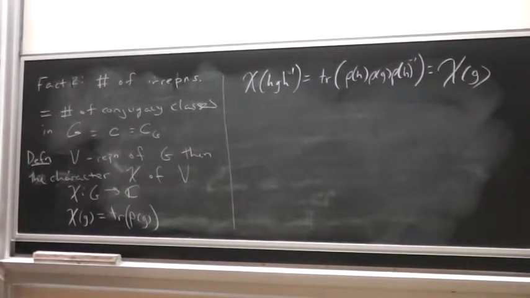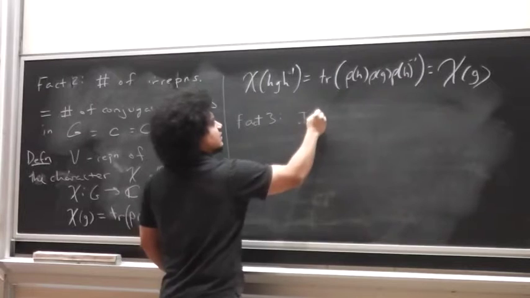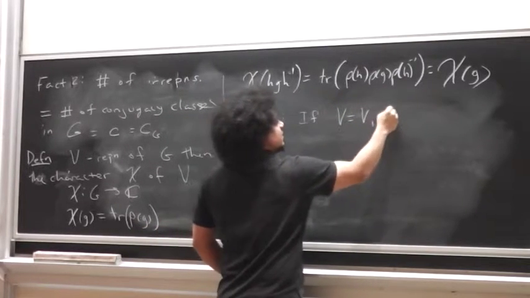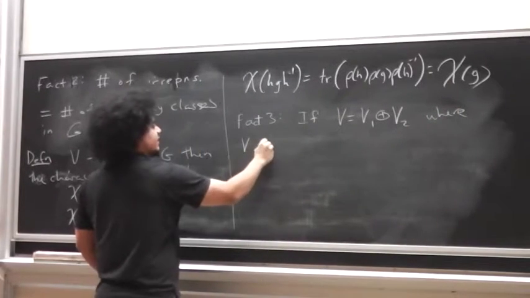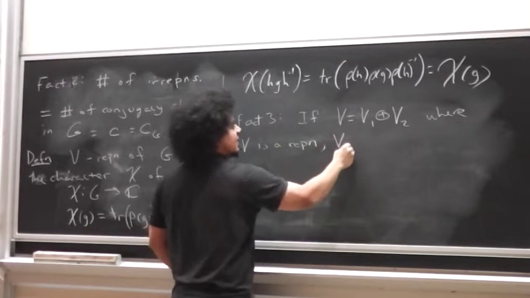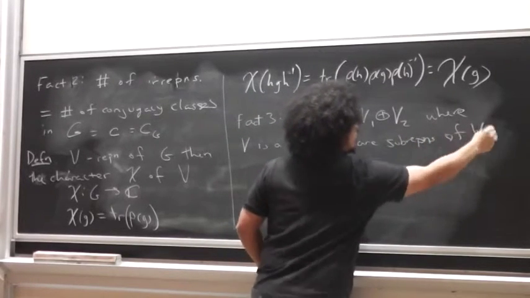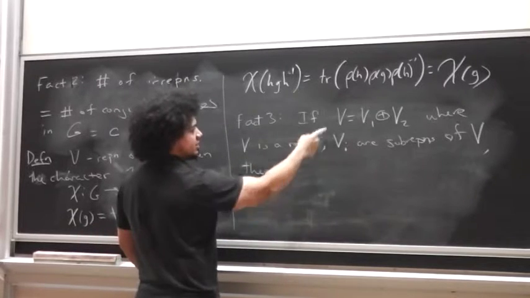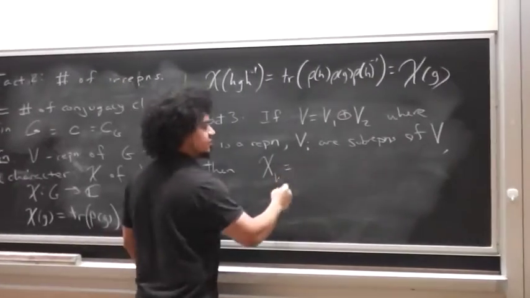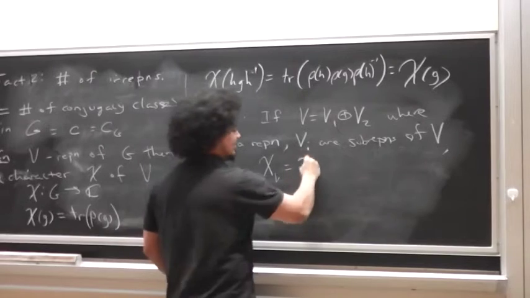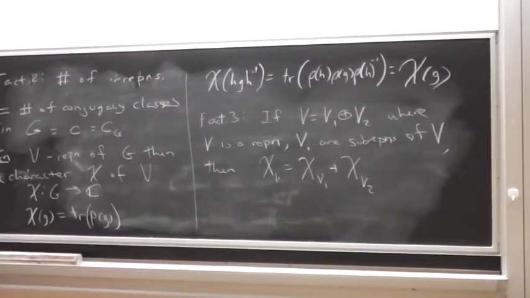One more fact we need. Fact 3: suppose V is a direct sum of subrepresentations, where V is a representation and the V_i's are representations of V. Then the character of V, which we'll denote chi V, is equal to, you can guess, the sum of the characters of the components.